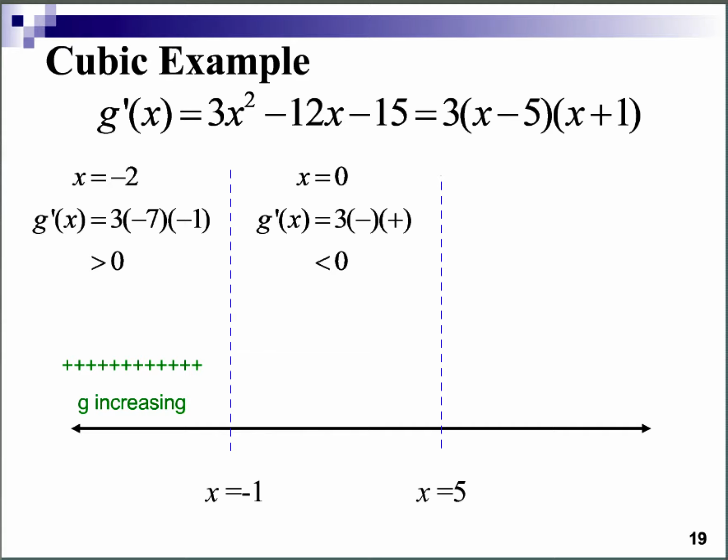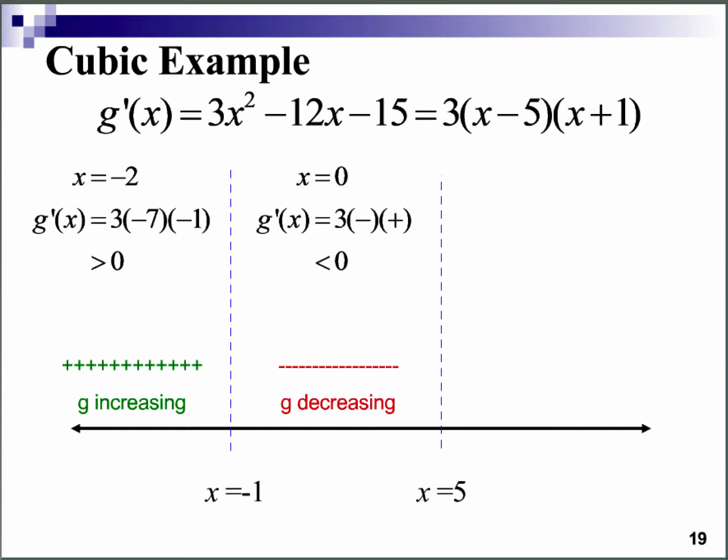In the middle, 0 minus 5 is negative. And then on the right, 0 plus 1 is positive. So I have 3 times a negative number times a positive number that will result in a negative value. It's less than 0. So the derivative in that region is negative, and therefore the function is decreasing in that region.